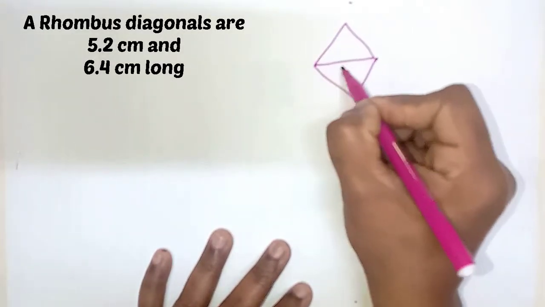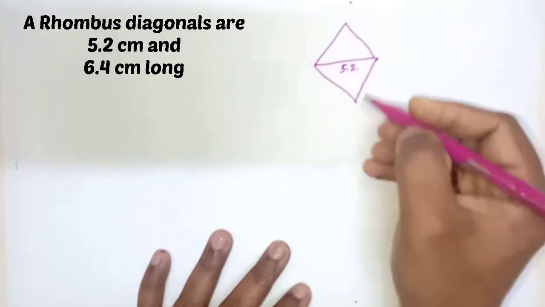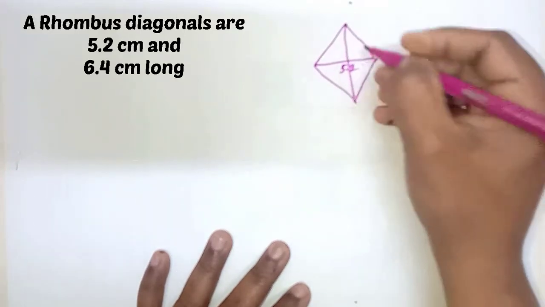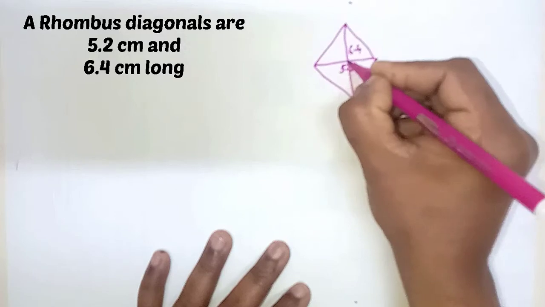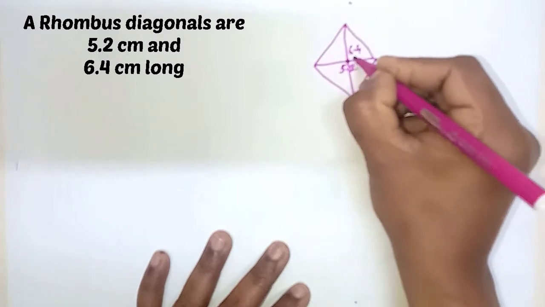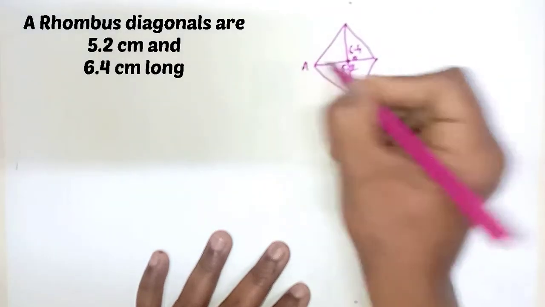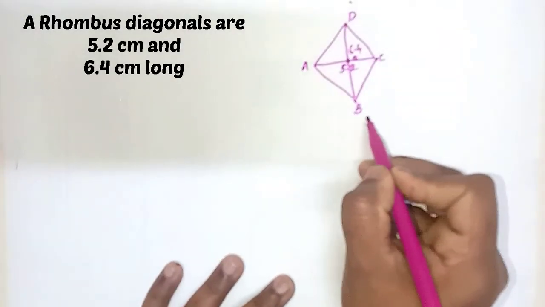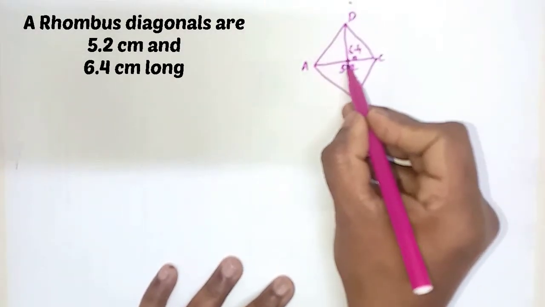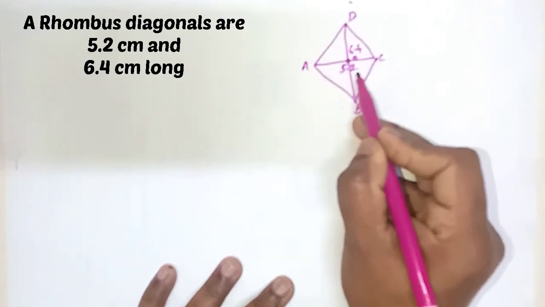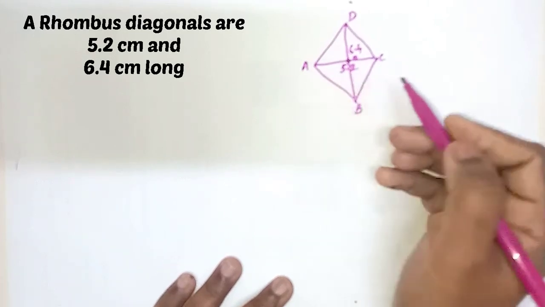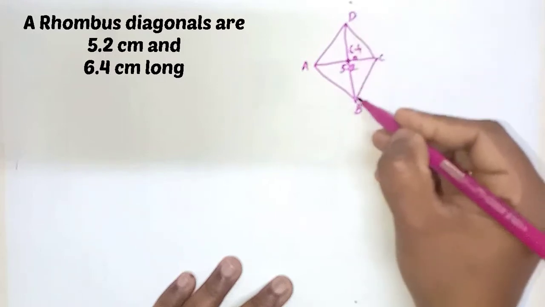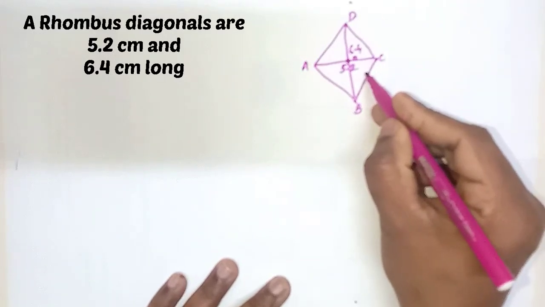One diagonal is 5.2 centimeter and another diagonal is 6.4. I am giving here bisecting at a point O, labelling A, B, C, D. So rhombus ABCD bisecting at a point O. AC is equal to 5.2 centimeter and BD is equal to 6.4 centimeter.